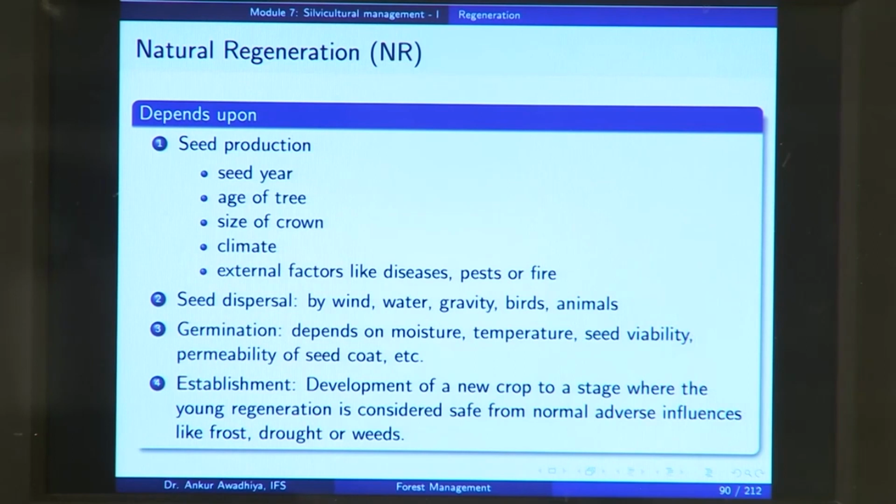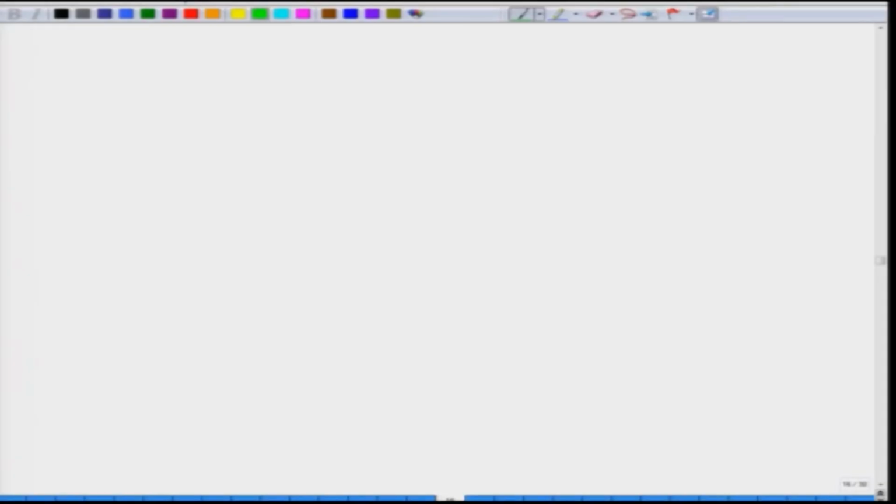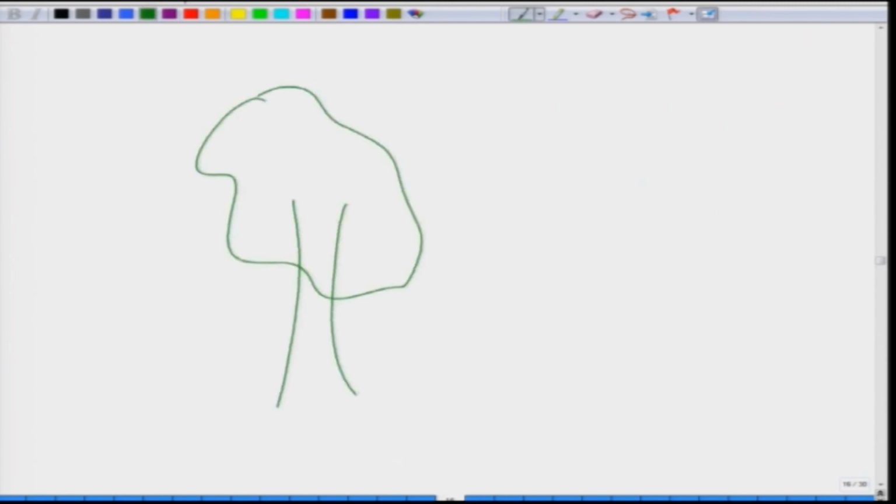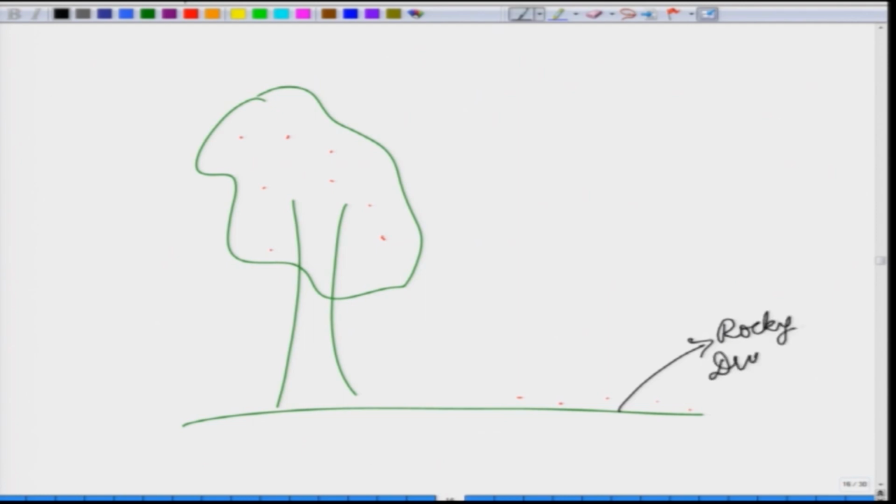So, if you have a seed and your seed fell into an area that was very dry. So, here you have seeds. Now, your seeds got dispersed, but they got dispersed into an area that was say a rocky area or an extremely dry area, or probably they got dispersed to an area that is waterlogged.